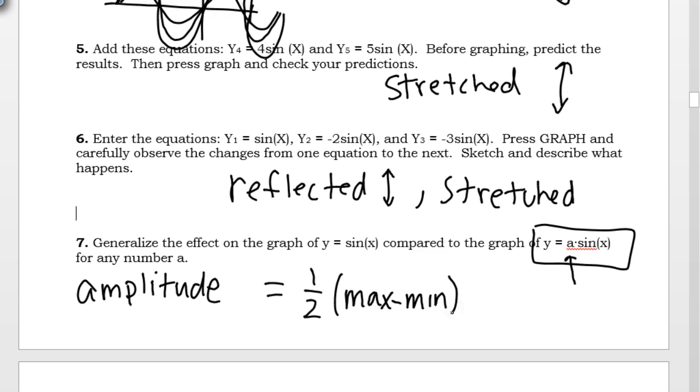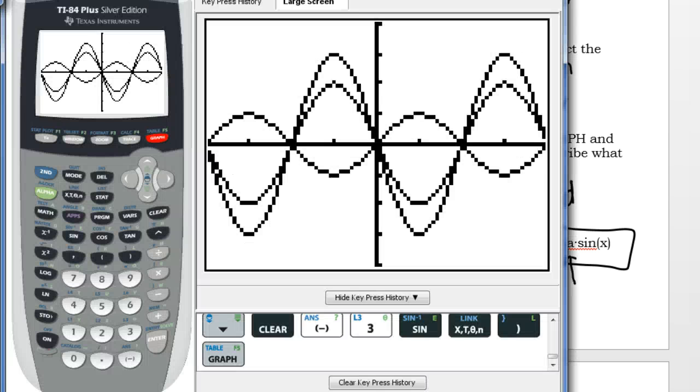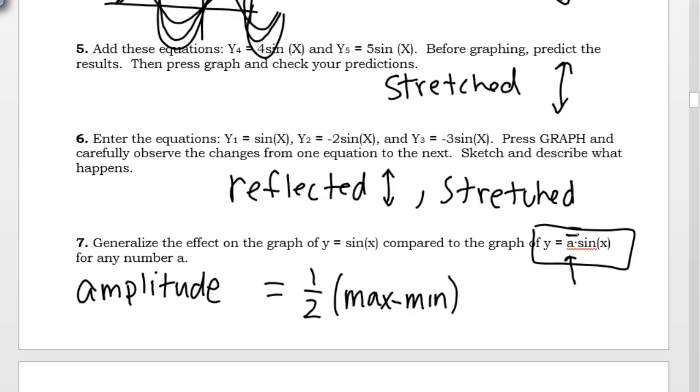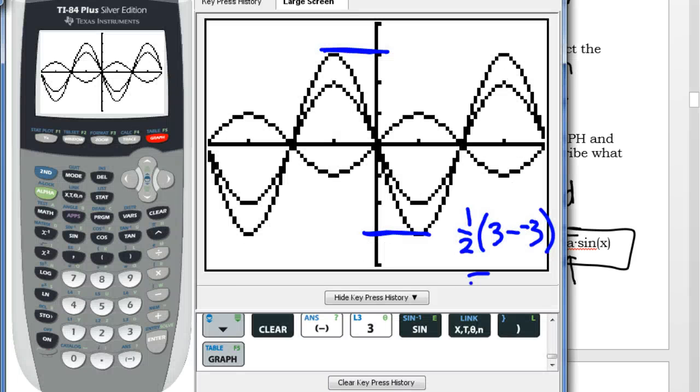So if I am looking at my graph again, and I'll use this one as an example, the maximum height is 3, the minimum height is -3, 1/2 of 3 minus -3. That is 6. Half of 6 is 3.